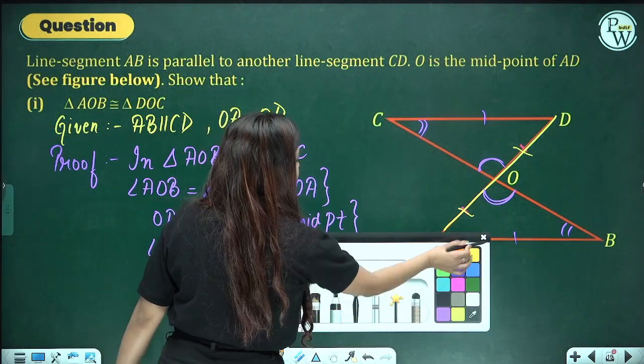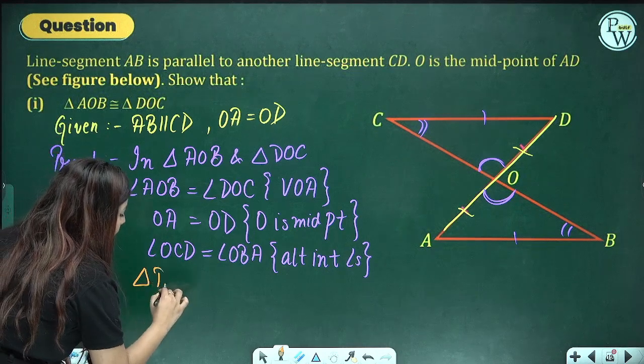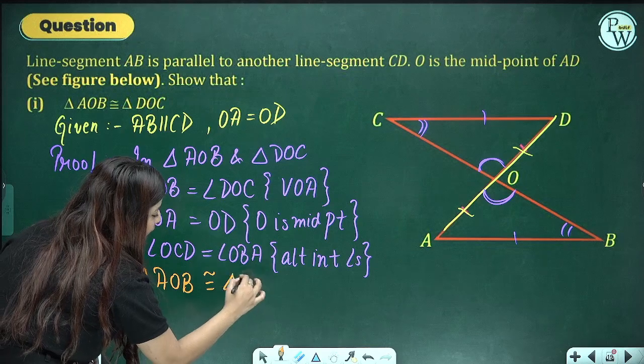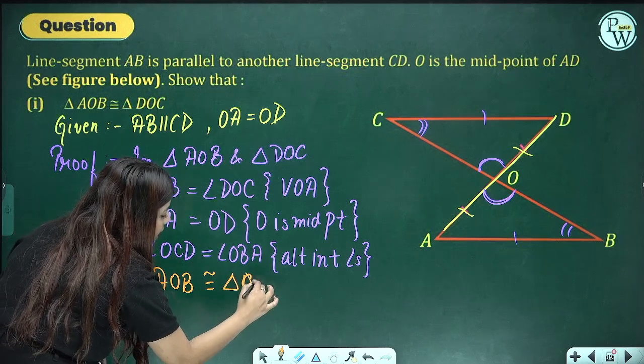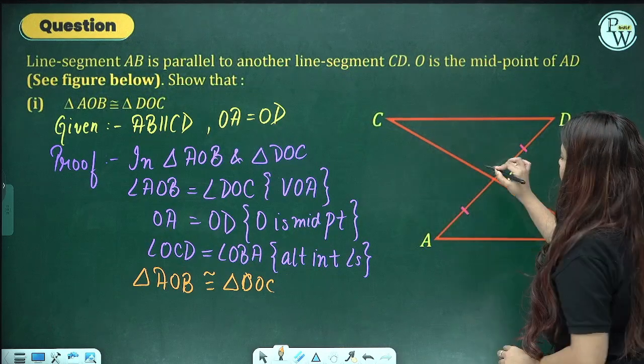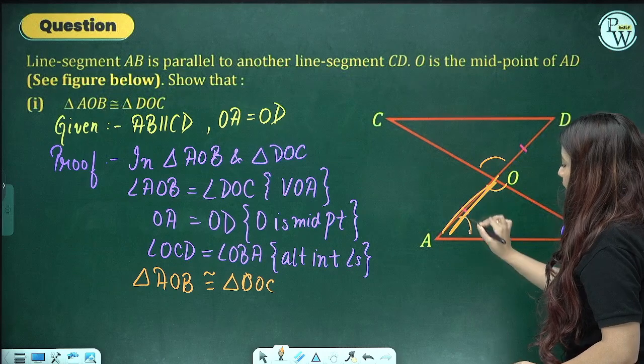Now what we can say, students, is that triangle AOB will be congruent to triangle DOC. Now look at the figure. What have we taken, students? We have taken this angle, this side and this angle.